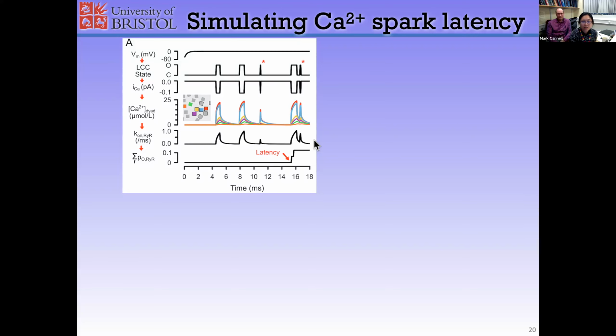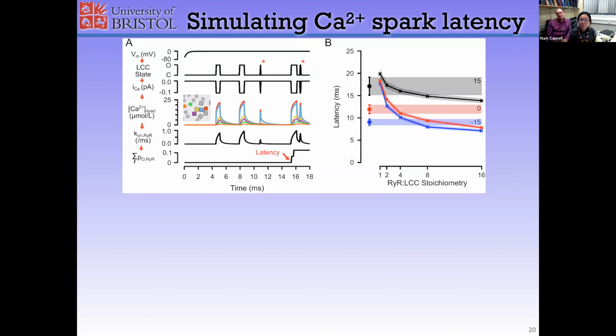This fourth trace shows the ensemble on rate of the ryanodine receptors in this cluster, and this, along with the bottom trace, shows that even though the RYRs are responding to calcium, because it's stochastic, in this case the CRU has only opened at 15 milliseconds. So in this simulation, the calcium spark latency is 15 milliseconds.